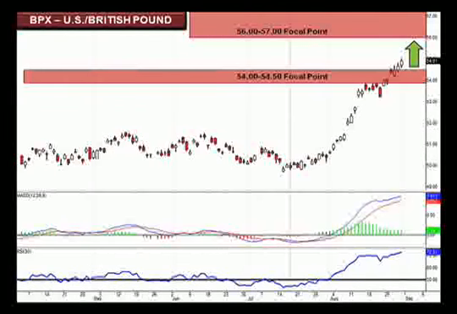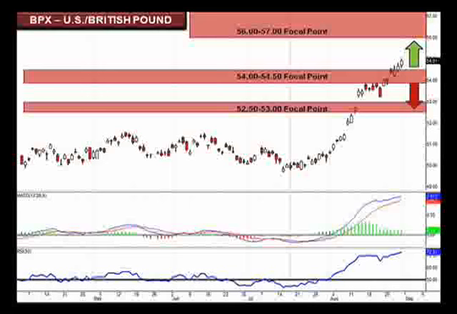If in fact we do have a continuation of the rally, at some stage when the consolidating or the backfilling starts, the first target area obviously is back into the 54.50 focal point, but a further consolidation below that zone would bring us to what we're identifying as the 52.5 to 53 focal zone on the downside.